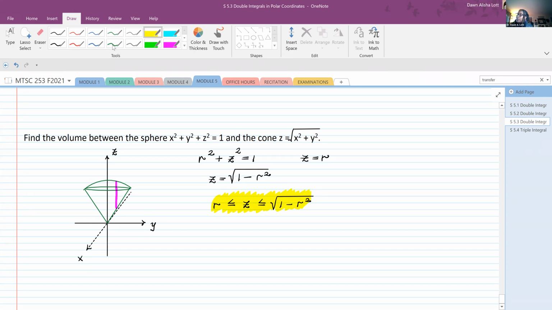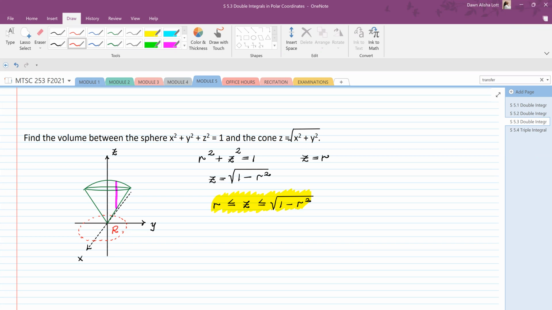Now what we need to find is the region in the xy plane. What's the region on the ground? So we have to find r. How do you find r to project down? Anaya, where'd you go?